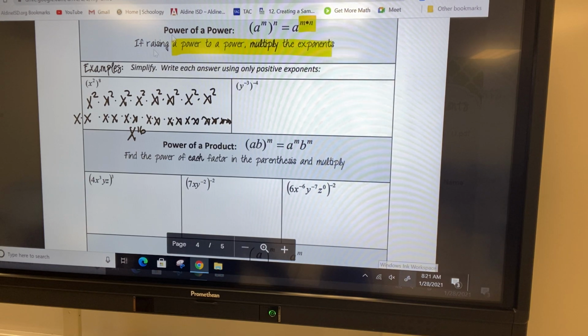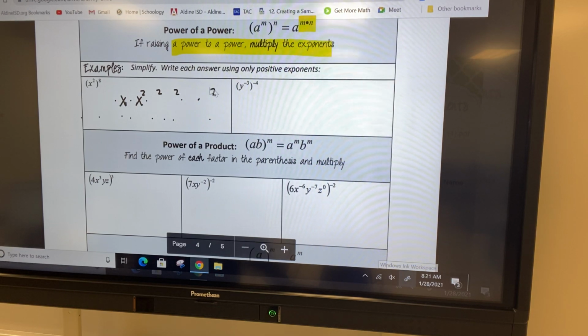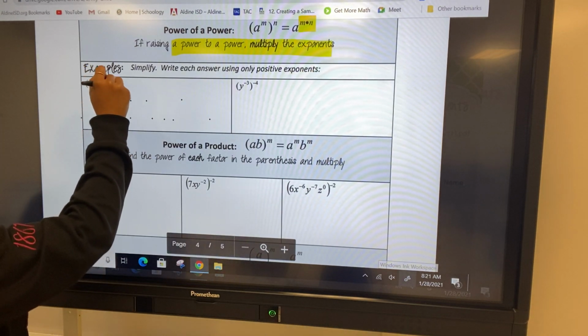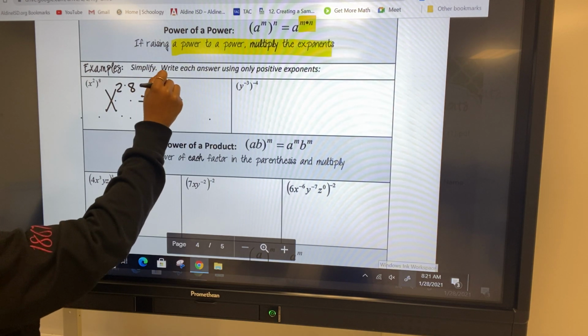So what I could have done here is use that shortcut and just multiply that and say that this is equal to x squared times 8, which is x to the power of 16.